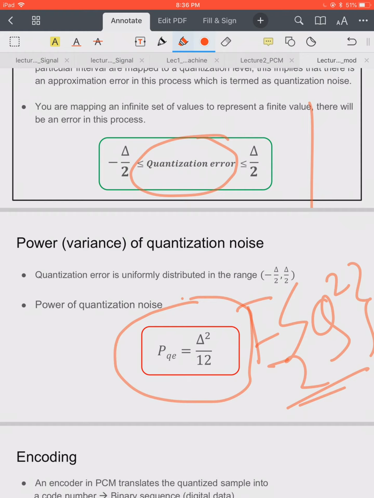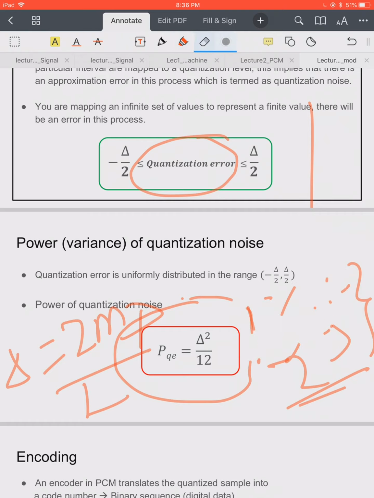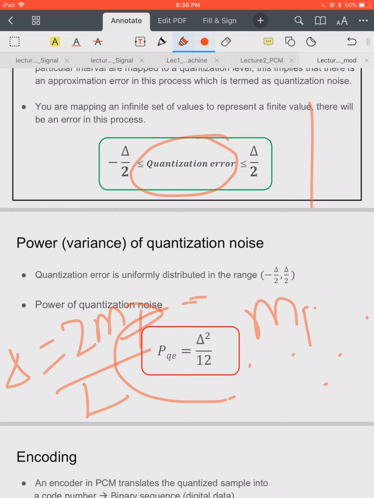Here delta is the step size of my quantizer, and delta is basically 2 MP by L, right? If you substitute here, you will get MP square by 3L square.